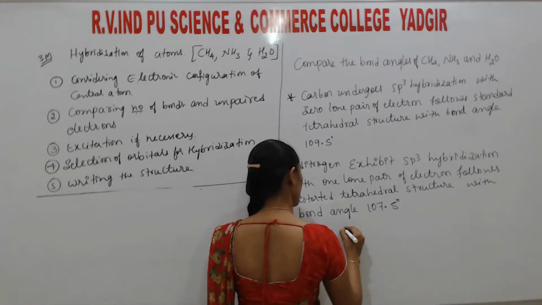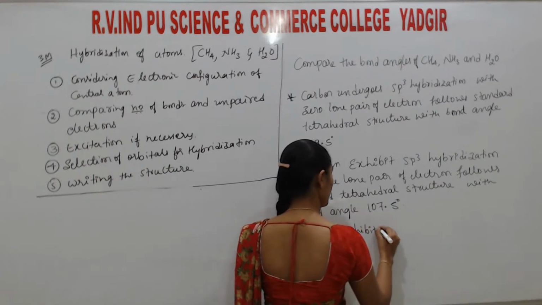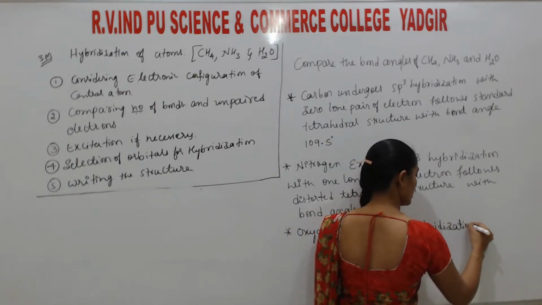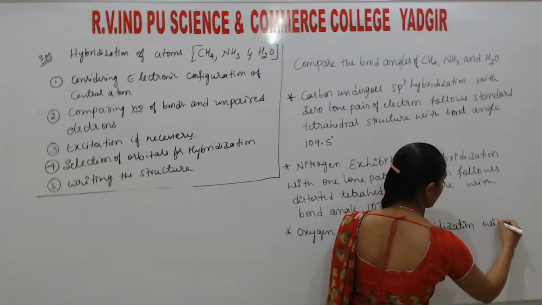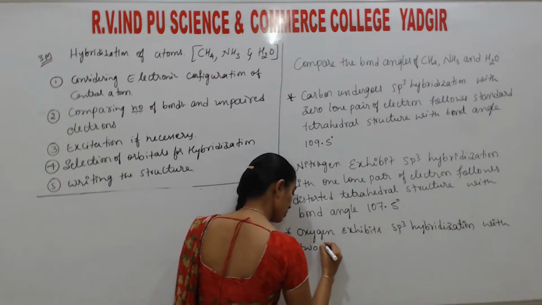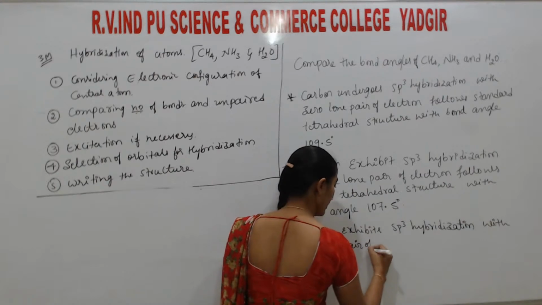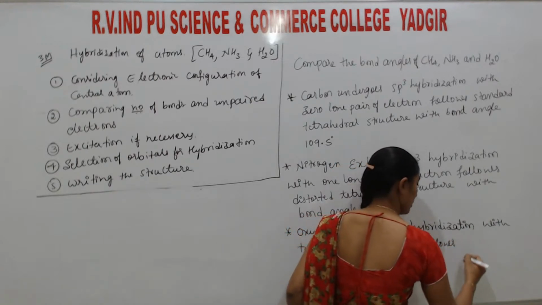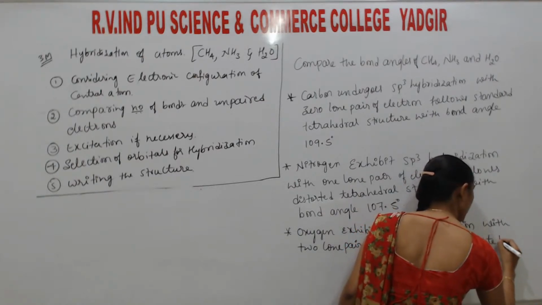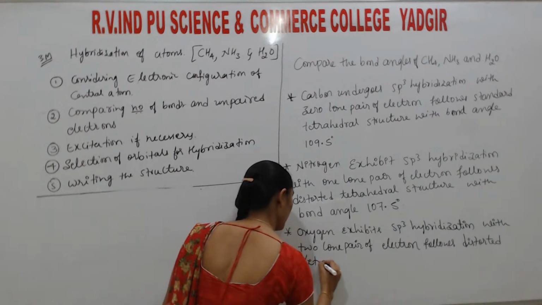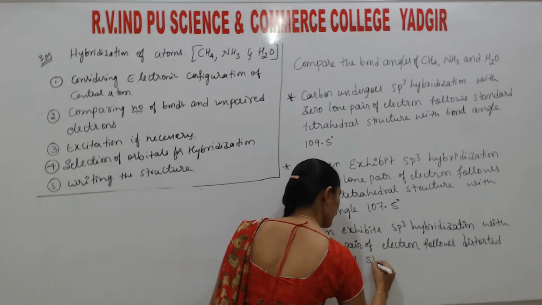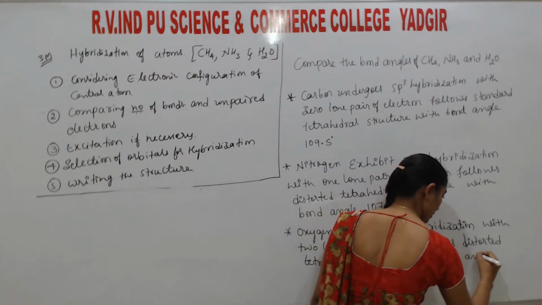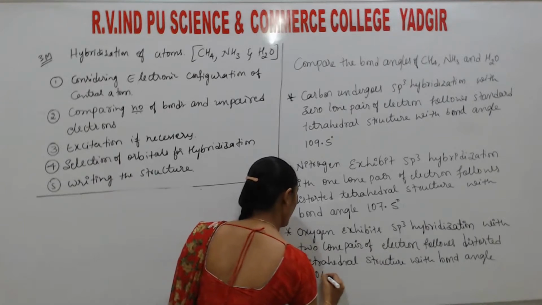Next, third one: oxygen exhibits sp3 hybridization with two lone pairs of electrons and follows a distorted tetrahedral structure with bond angle 104.5 degrees.